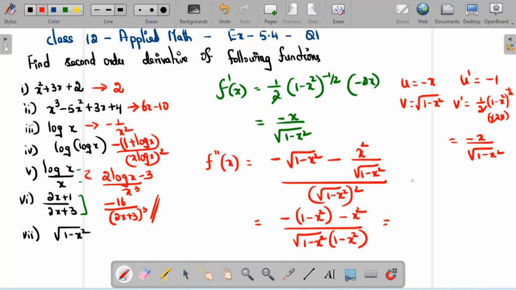So this is minus 1 plus x squared minus x squared, the whole thing divided by, I can write the denominator as 1 minus x squared to the power 3 by 2. I can combine this half and 1 and write this as 3 by 2. So x squared and minus x squared will get cancelled. So the final answer is minus 1 divided by 1 minus x squared to the power 3 by 2.